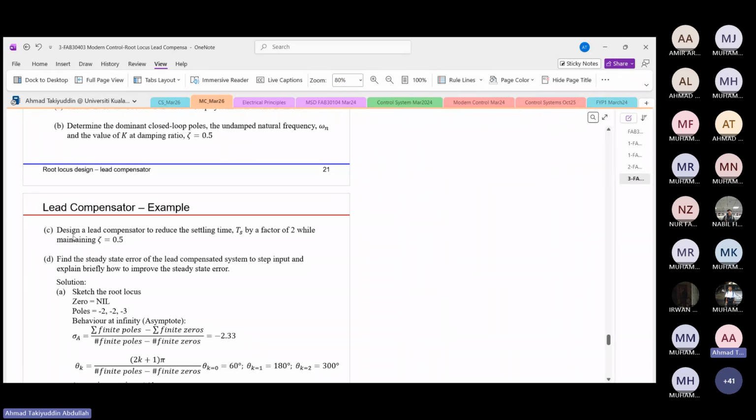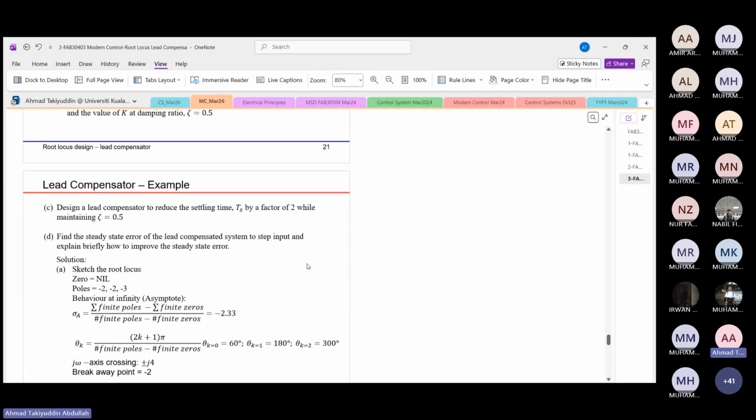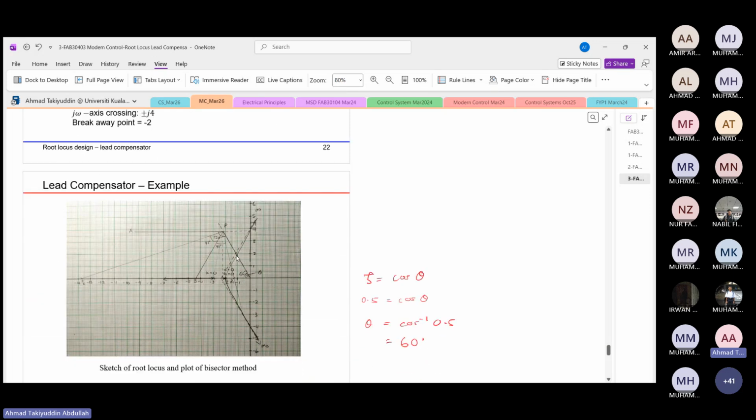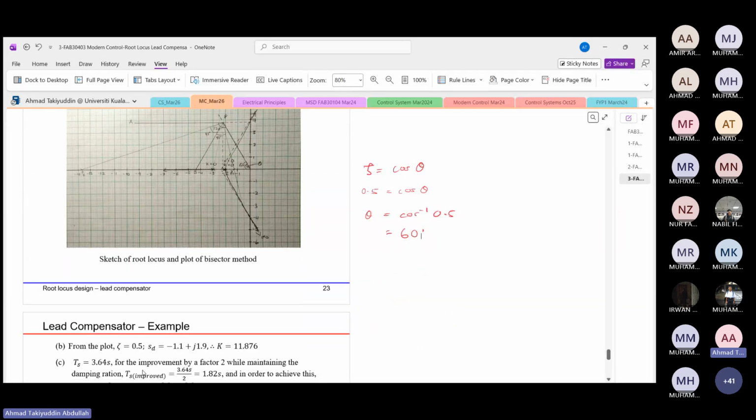You want to consider the lead compensator to reduce the settling time Ts by a factor of 2, and you want to maintain the zeta at 0.5. So zeta equals 0.5 means that you are still referring to the same dominant pole. The dominant pole that you have here will be sd equal to minus 1.1 plus j1.9.